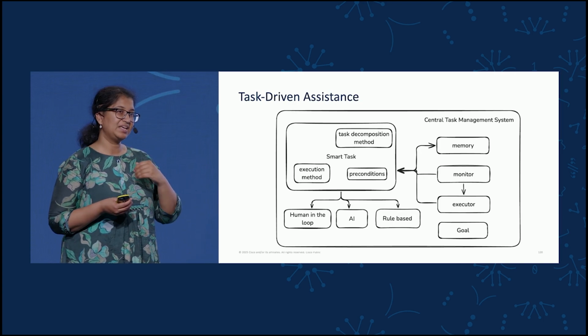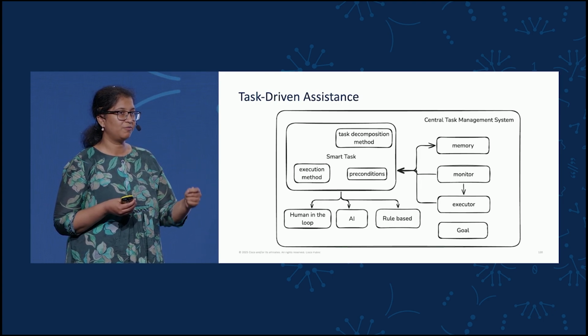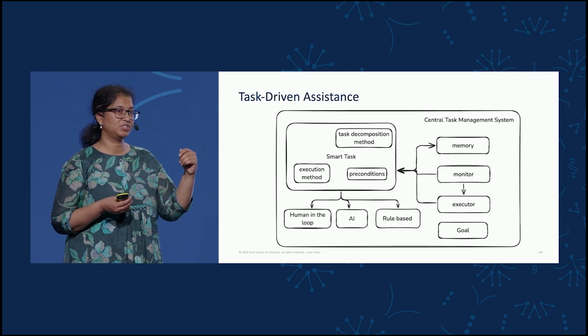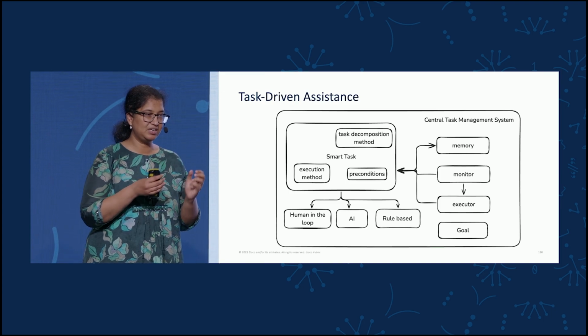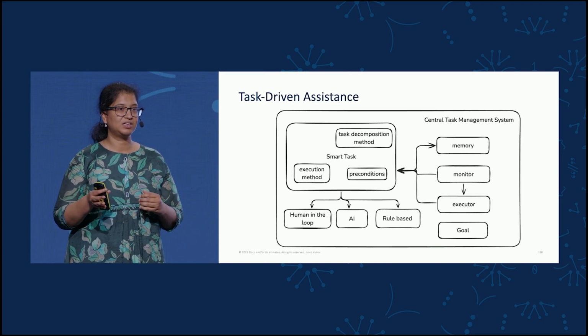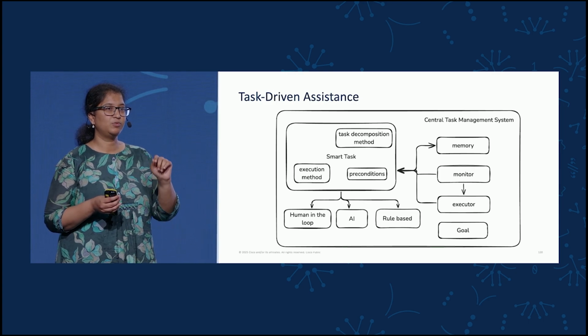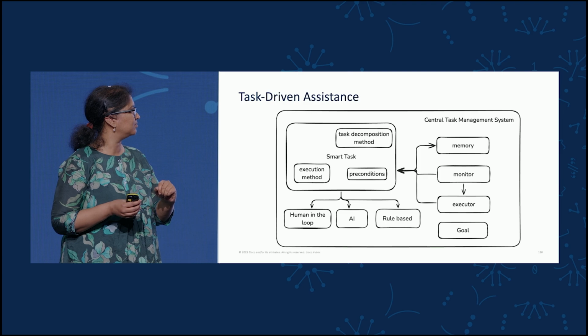And once that execution is done, depending on the result or the feedback of that execution, it goes into the task decomposition component. What that does is, depending on the result, it decomposes into several other tasks. For example, let's say the task itself has failed, it would decompose it into the same task, and it will be added into the system.